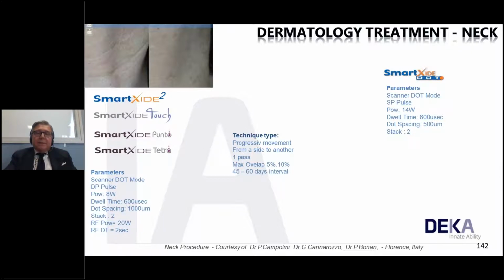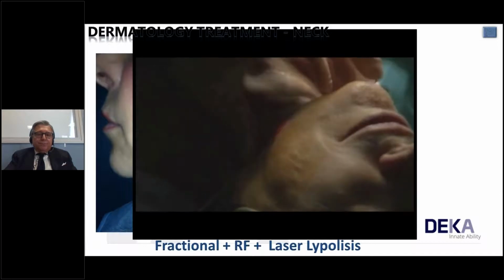With the old one, the traditional Smartxide DOT, we got the results with SP Pulse, power around 14 watts, dwell time 600 microseconds, dot spacing 500, stack 2. The stack 2 even with the previous platform.